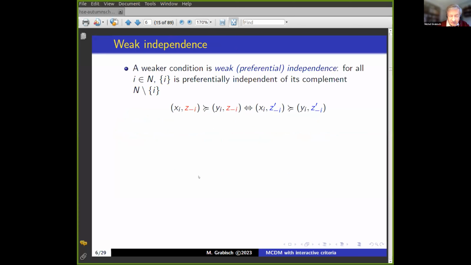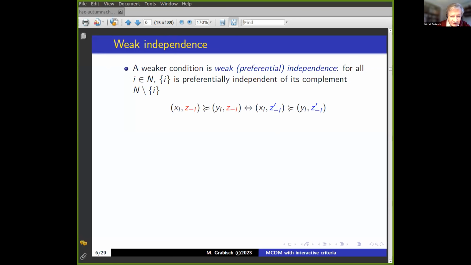Okay, so let's continue. Now, since this property of mutual preferential independence is very strong, we weaken it into the following. We speak of weak preferential independence. It simply means that any single attribute is preferentially independent from the rest, from all the other attributes. So in formula, it's the following.